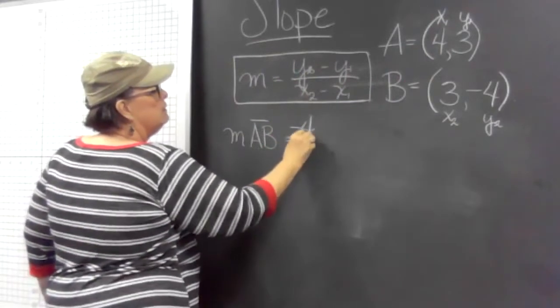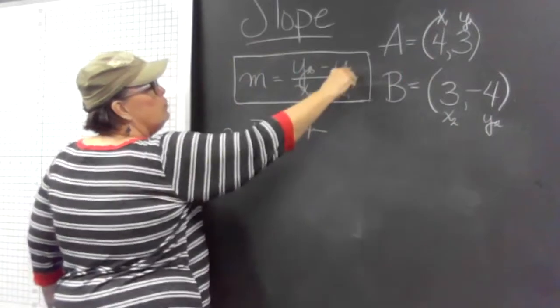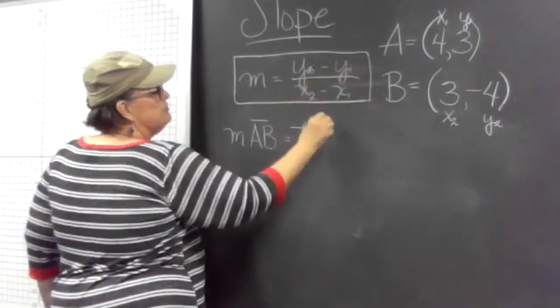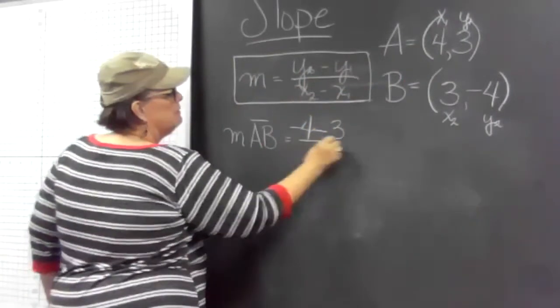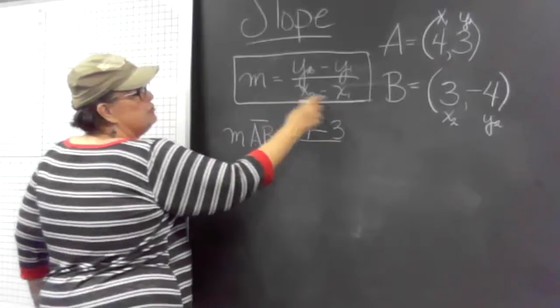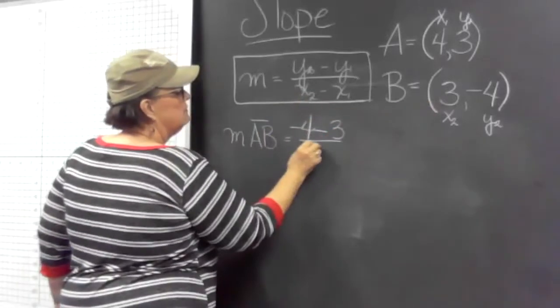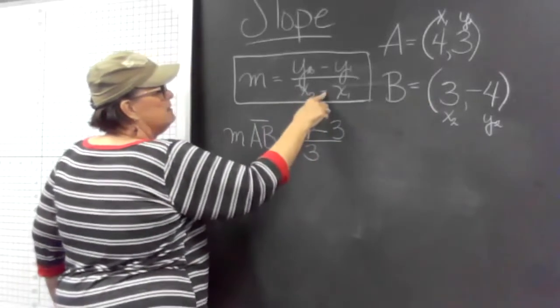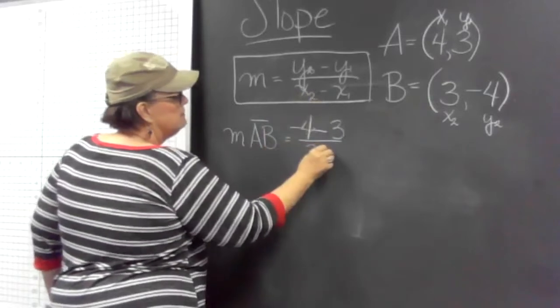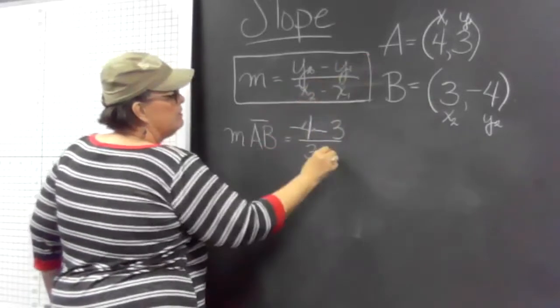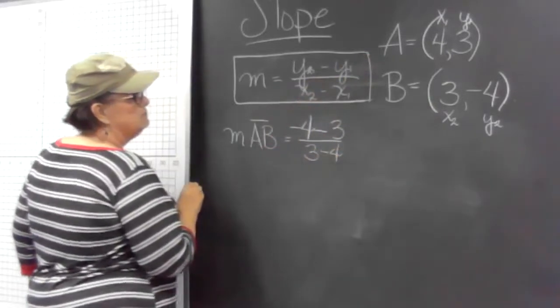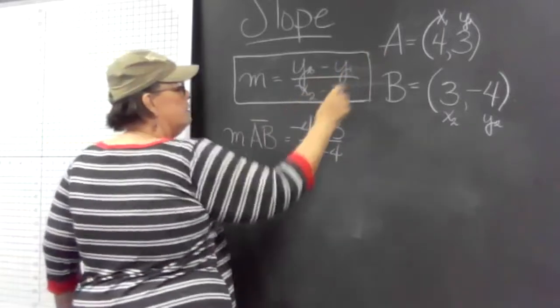Where's Y2? -4 minus Y1, which is 3, over X2, which is right here. And the minus, I have to use this minus 4. X1 is 4.